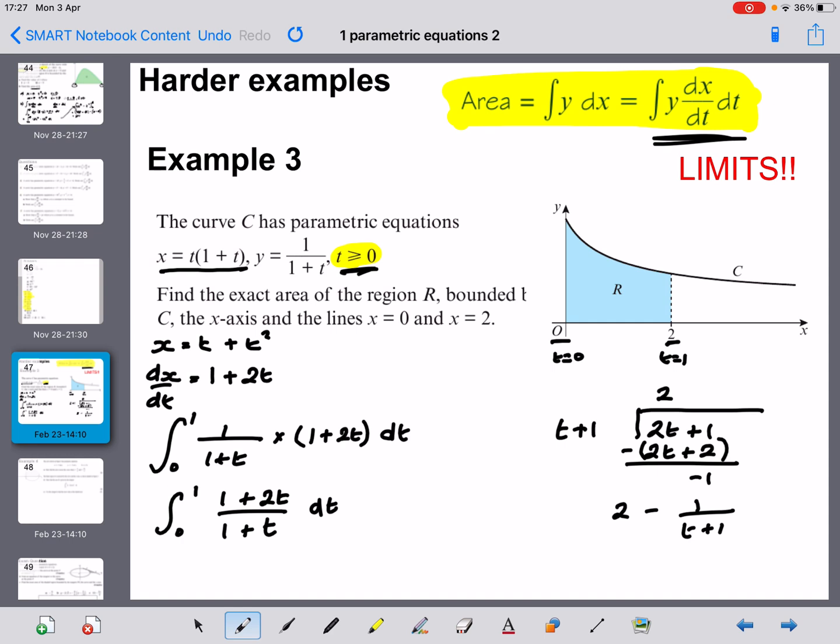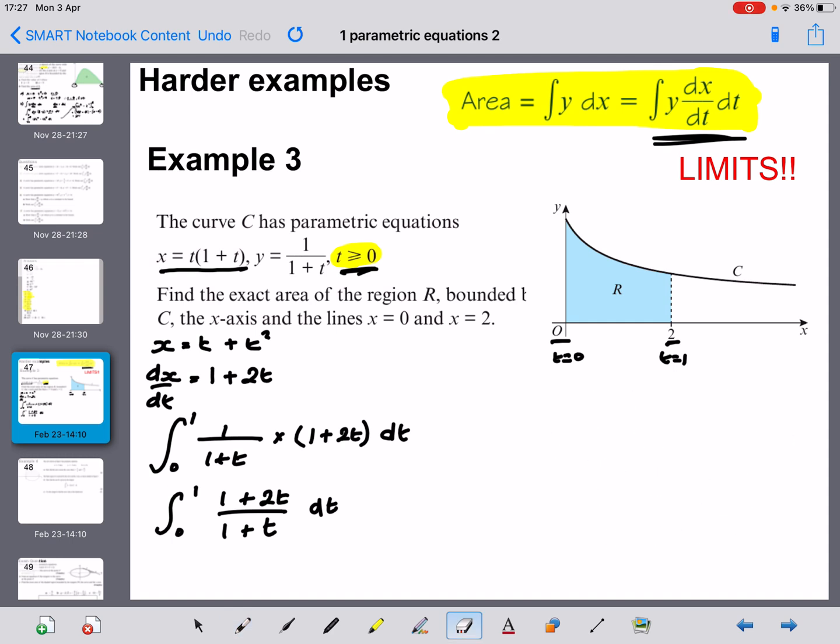Okay, so instead of integrating 1 plus 2t over 1 plus t, I can now integrate 2 minus 1 over t plus 1 dt. The integral of 2 is 2t.